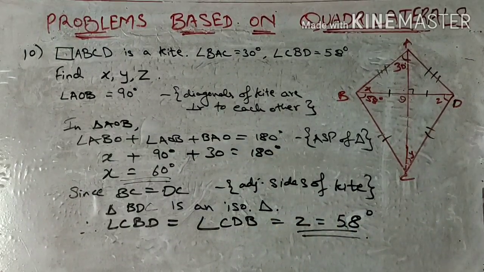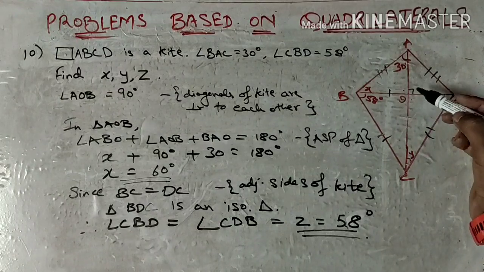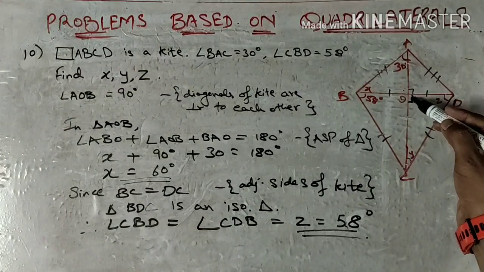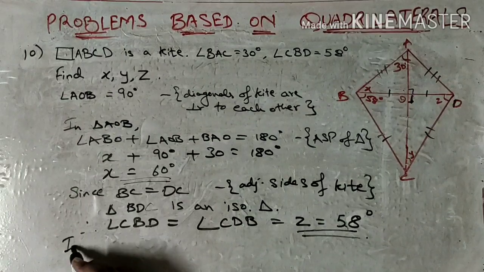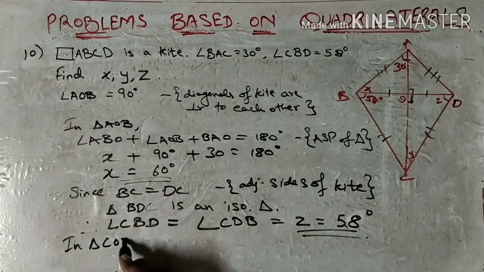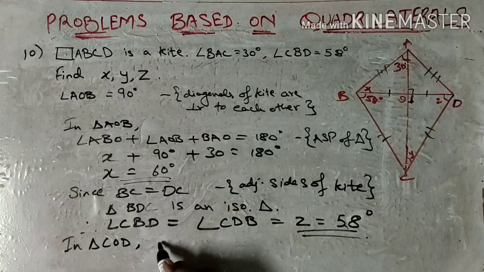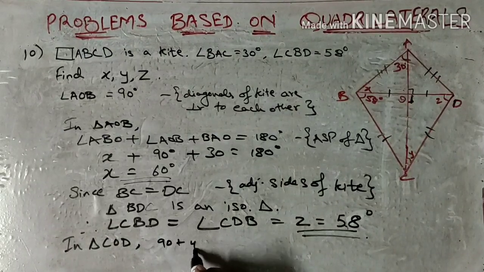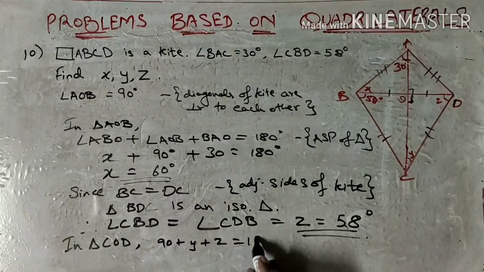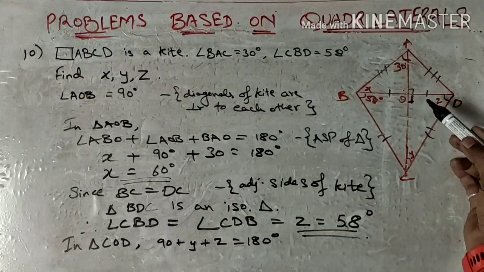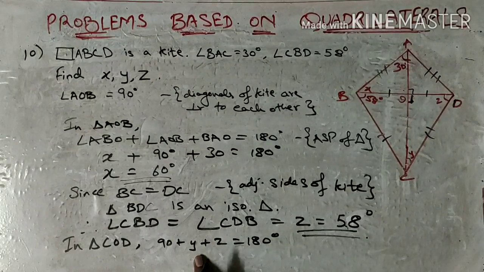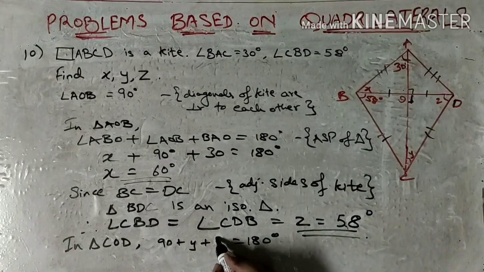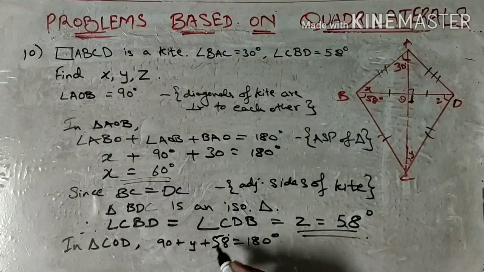Now we're supposed to find y. Again, angle sum property in this triangle COD. In triangle COD, 90 plus y plus z is equal to 180 degrees. This is 90 because diagonals are perpendicular to each other. And z is 58 degrees.